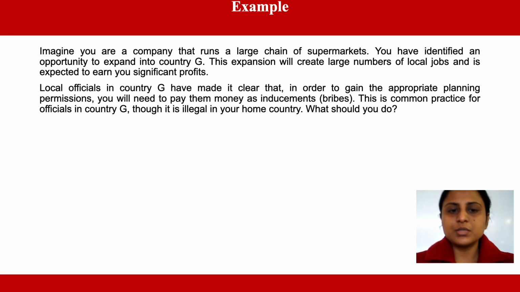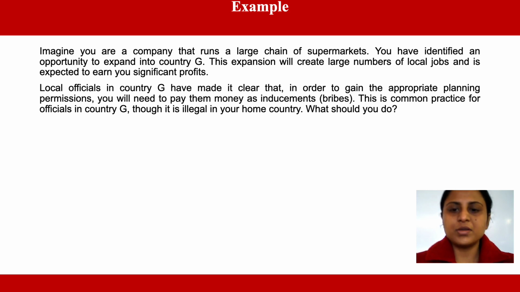Now let's consider the absolutist approach. The absolutist approach would look at whether paying the bribe is fundamentally correct or not. As we just said, in this case bribery is illegal in our home country. So an absolutist would say that paying a bribe to the officials in country X is inappropriate and wrong.